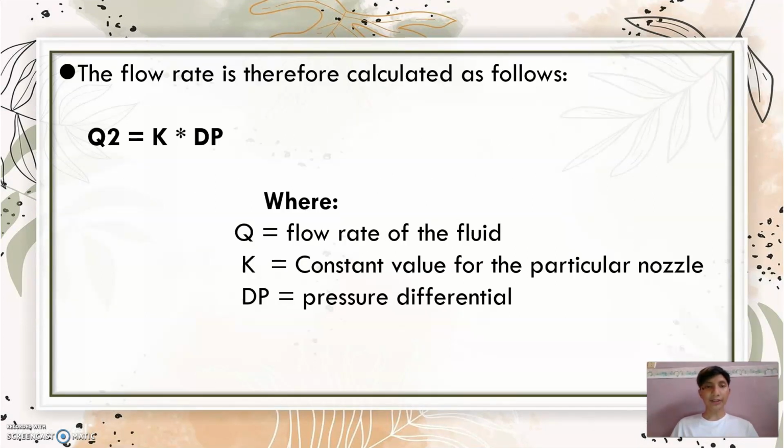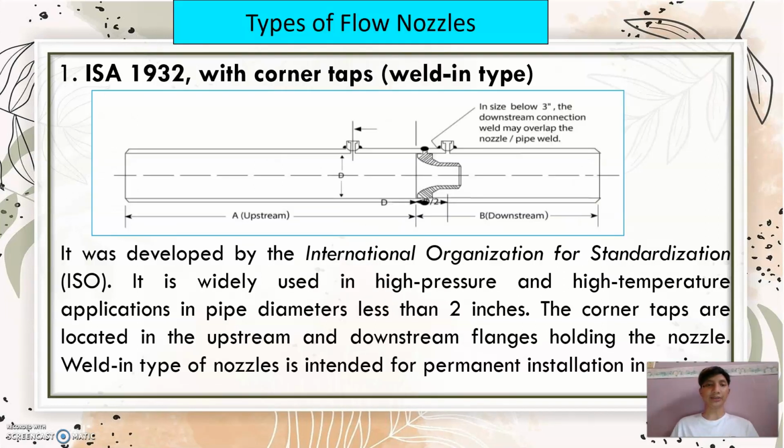The flow rate is therefore calculated as follows: Q squared equals K times dP, where Q is the flow rate of the liquid, K is the constant value for the particular nozzle, and dP is the pressure differential.